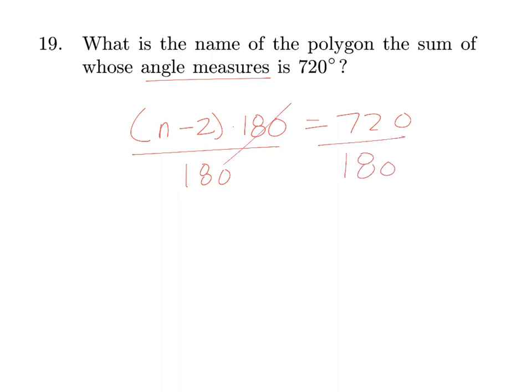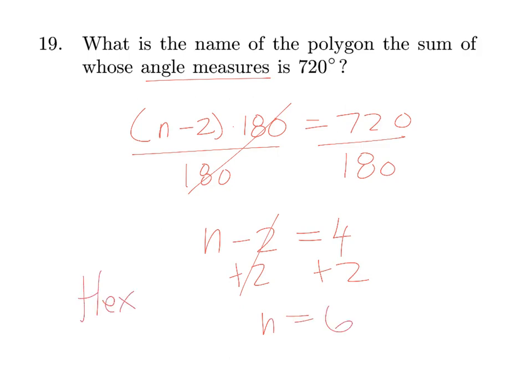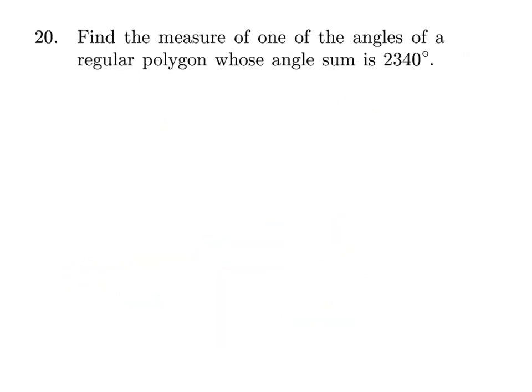I get n minus 2 is equal to 4, and then I add 2. So n is equal to 6, and if a polygon has 6 sides, then it is a hexagon. Done.